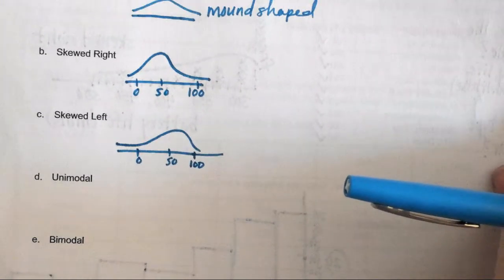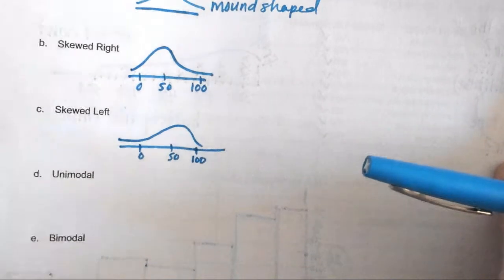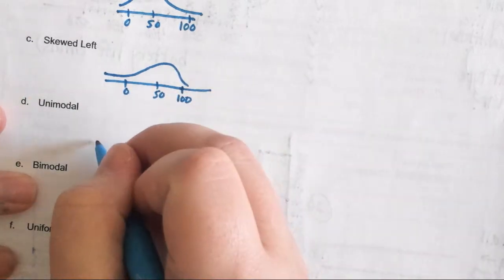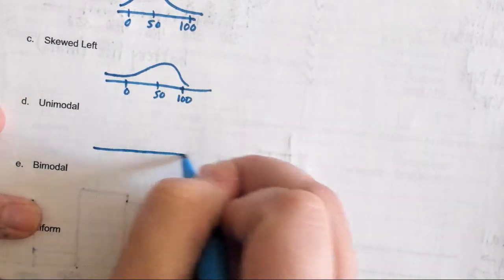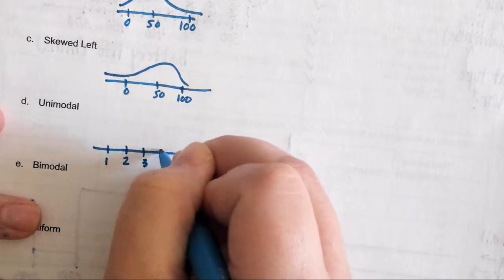Now we finally get to the new one, unimodal. The unimodal, I'm actually going to represent it with a type of graph we discussed yesterday. Histogram? No, good guess.